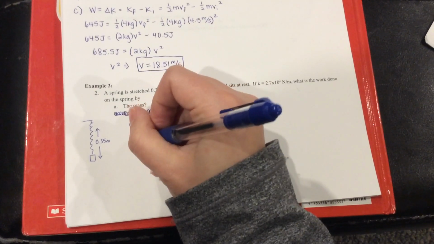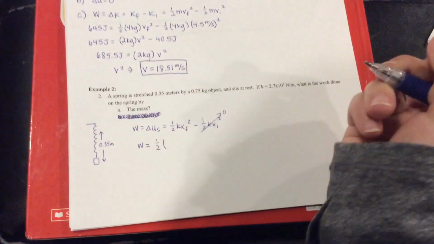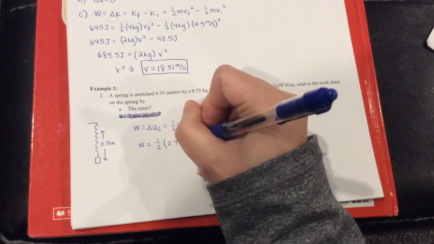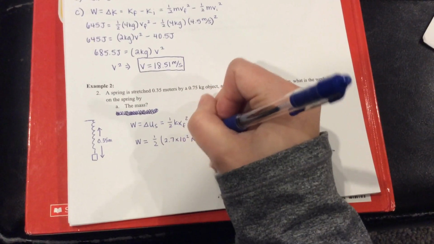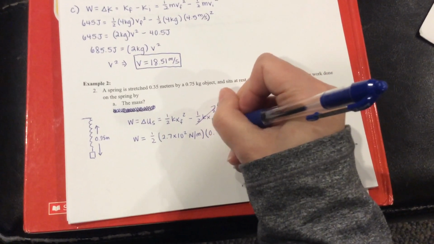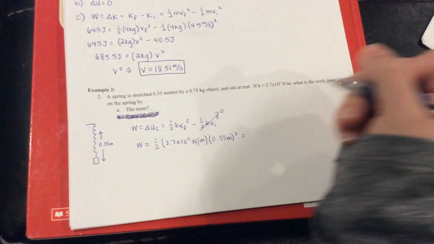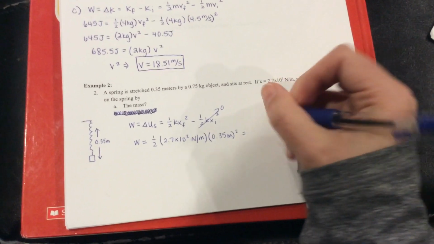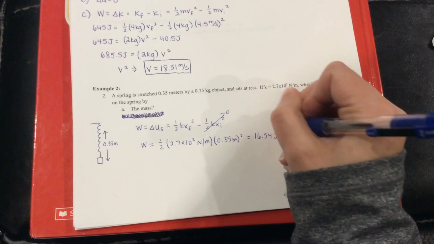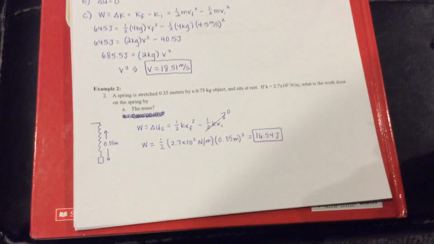And then we'll have that the work that's done is just equal to 1/2 of the spring constant 2.7 times 10 to the second newtons per meter times that stretch distance of 0.35 meters, and then squared. And we'll get that the work done by the mass on the spring is about 16.54 joules. And there you go.